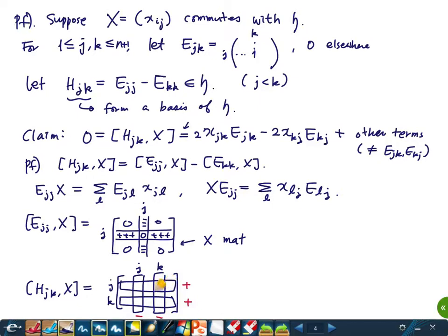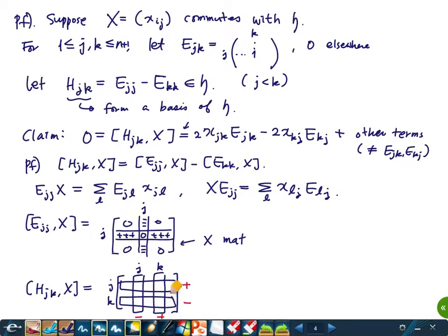I think this is not correct, because this is this minus something, right? Sorry about that. So it's going to be minus, minus, plus, because this plus minus came from here, and this minus plus came from minus of this with k. Okay?